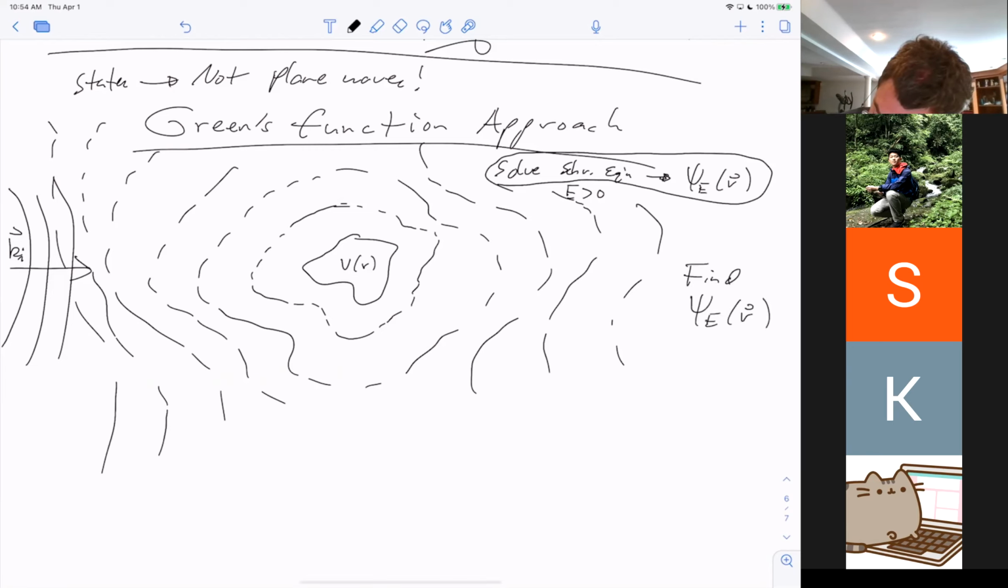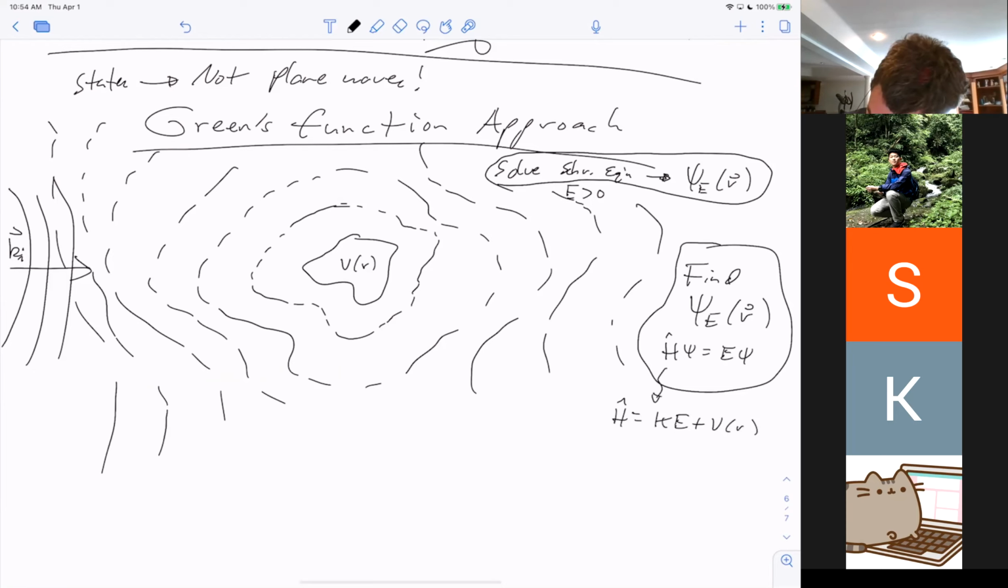Remember, the Schrodinger equation is just H psi equals E psi, and H is really simple: kinetic energy plus potential energy, where the kinetic energy is negative h bar squared over 2m del squared. If I solve it for this weirdly shaped potential, I'm going to get some wave function, psi of E.